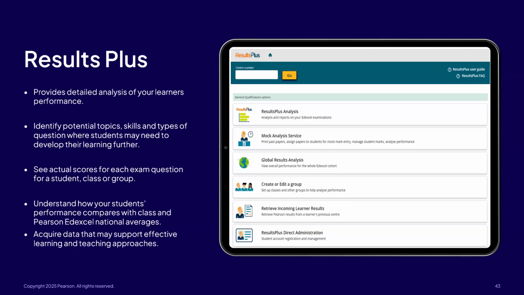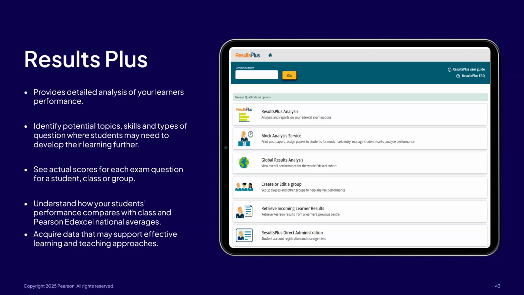Everything is marked on screen, and as those marks are inputted into the system, we gather a rich seam of data in the background, and so we're able to provide you with all sorts of different services that are related to that.